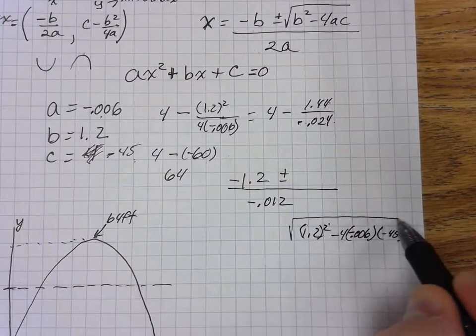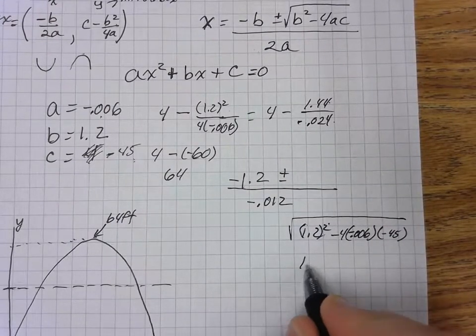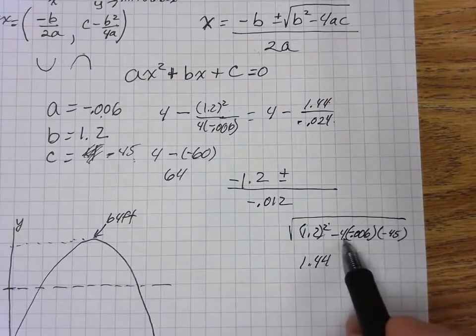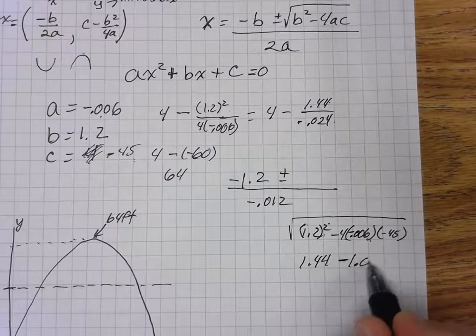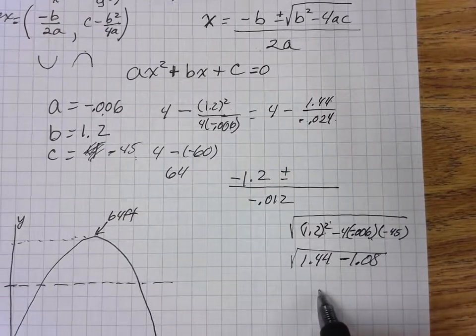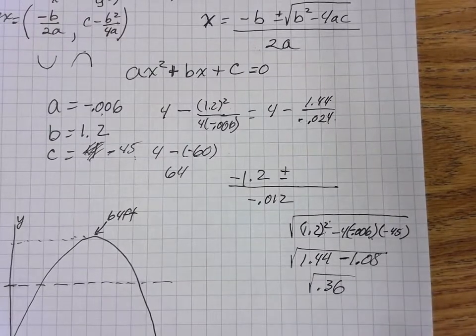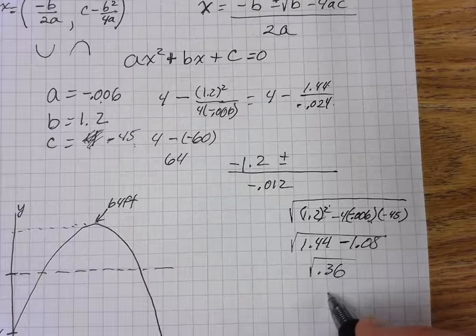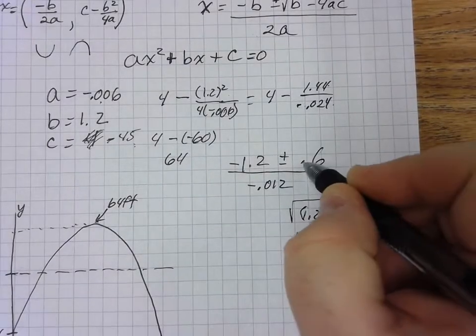Remember, this whole thing is going to be under the radical. Simplifying a little bit, the first part gives me 1.44. This calculation in the back gives me negative 1.08 under the radical. Subtracting those, we get 0.36. The last thing to do is take the square root of that, 0.36, which gives us 0.6. So I'll put the 0.6 right here.